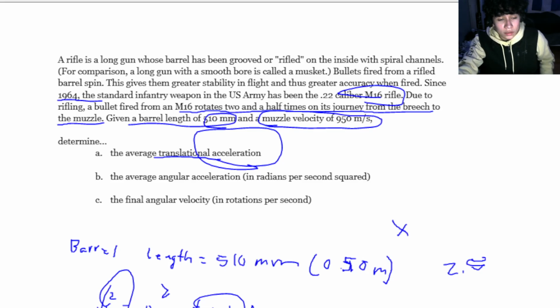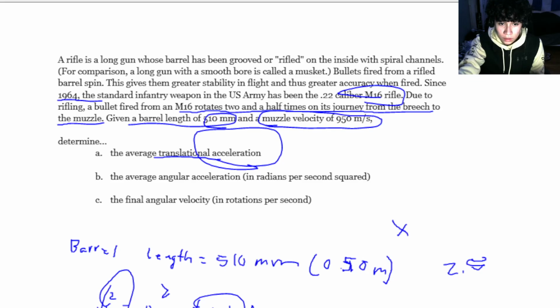When defining the variables, our displacement is going to be the length of the barrel. So S is equal to 0.510, because we're going to put this in the calculator. The initial velocity would just be 0.